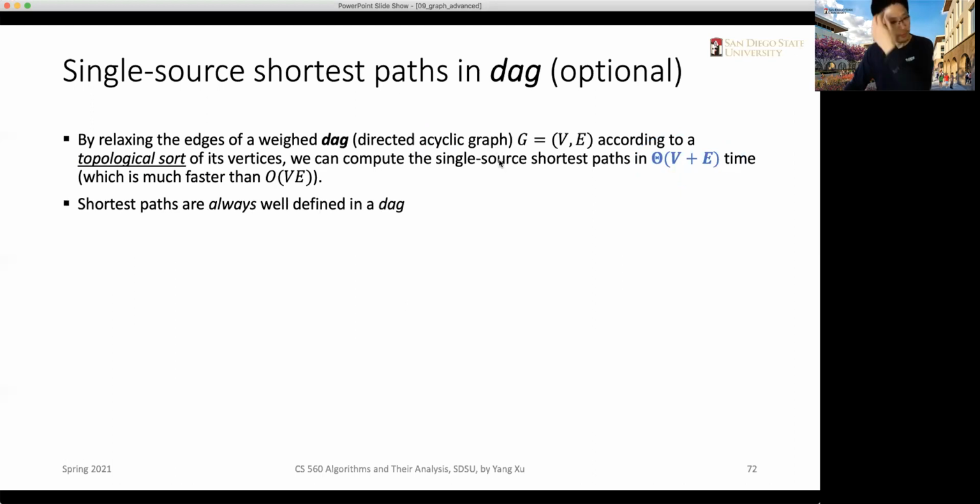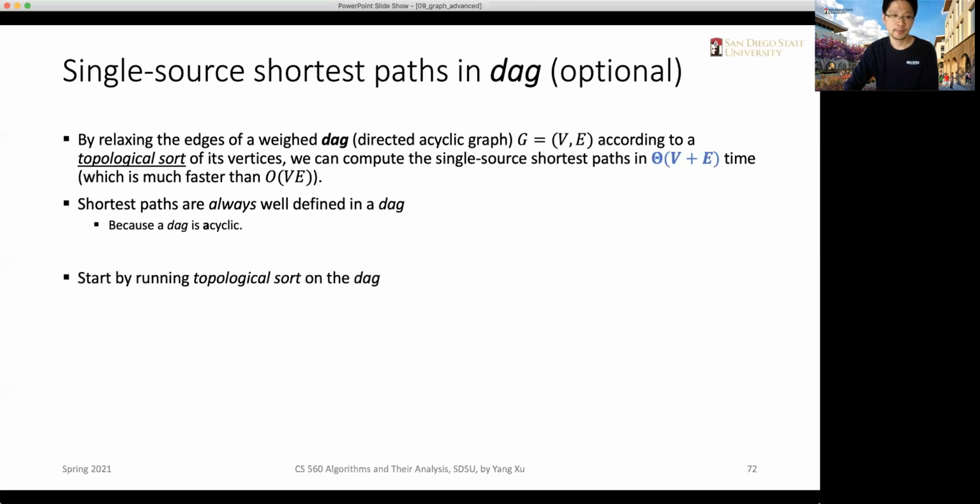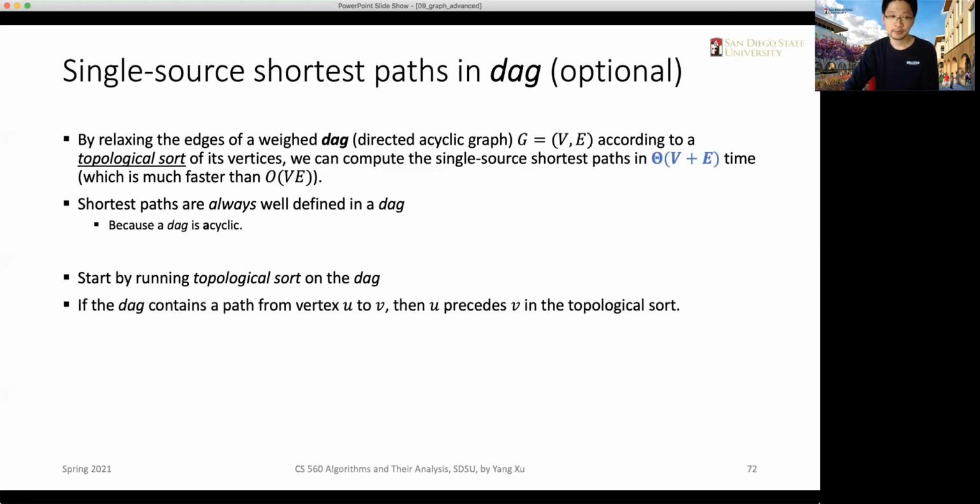One property about a DAG is that because there are no cycles, the shortest paths are always defined, right? There's no possibility that we go through the same edge multiple times. So for each vertex, the shortest paths are always defined. What we need to do is simply to first run a topological sort on the DAG, right?